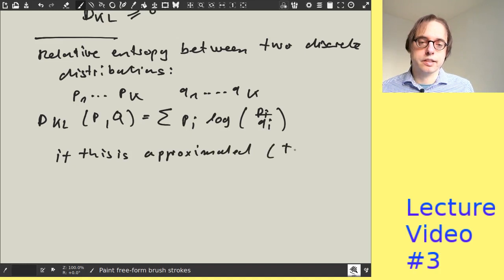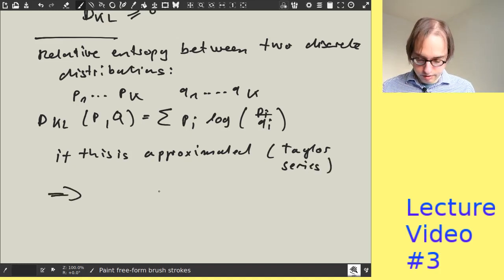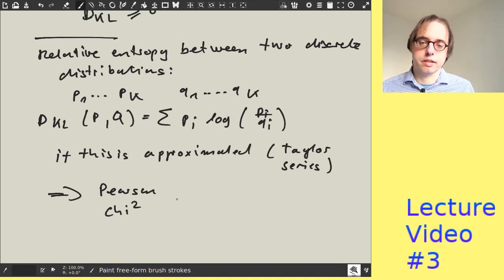If this is approximated, and we do a Taylor series, and you do this in the worksheet, then we get to the Pearson or the chi-squared statistic.